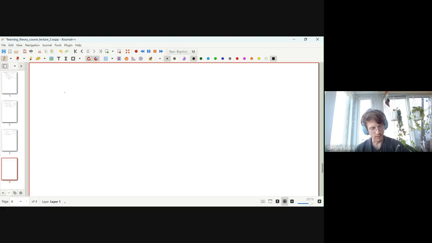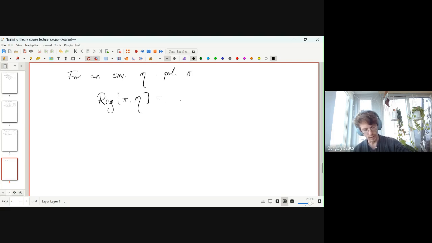Using this previous definition, for an environment eta and the policy pi, we can define the regret of this policy with respect to this environment. This is not symmetric.